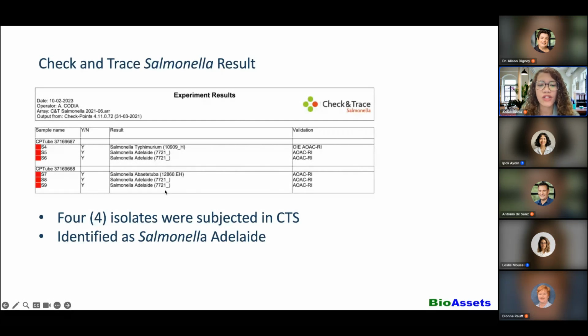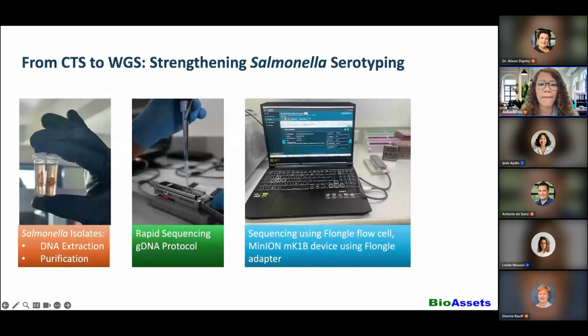Aside from this, we strengthened the Salmonella serotyping by employing whole genome sequencing. In our laboratory, we also do whole genome sequencing. From there, the same samples that were used in the Check and Trace Salmonella were subjected to whole genome sequencing using ONT technology.